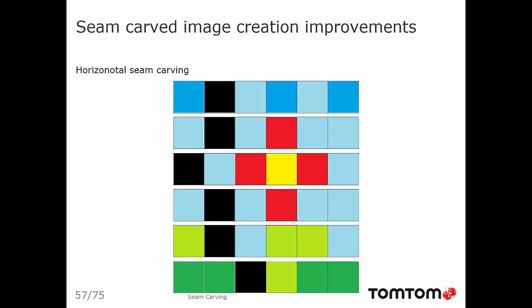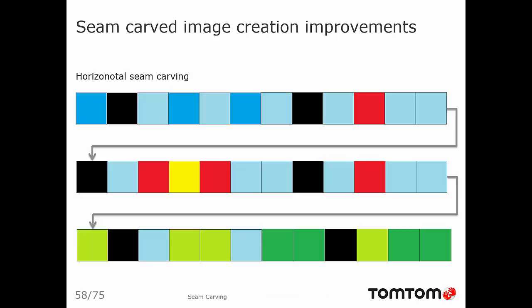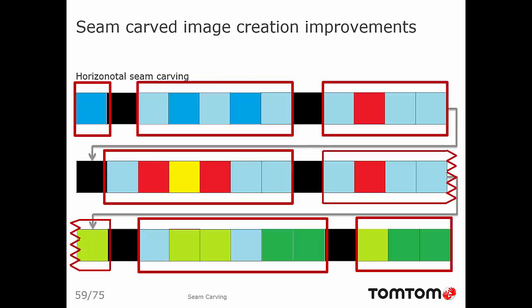So after analyzing the image, we noticed that we could reconstruct the image without the seams that we had to remove using plain array copies.